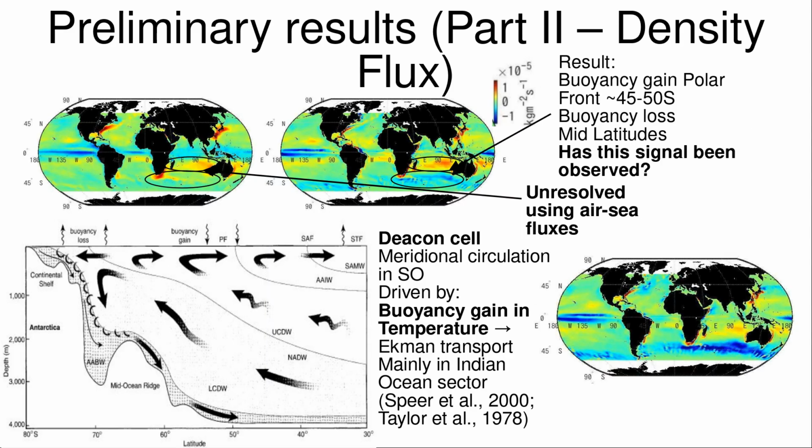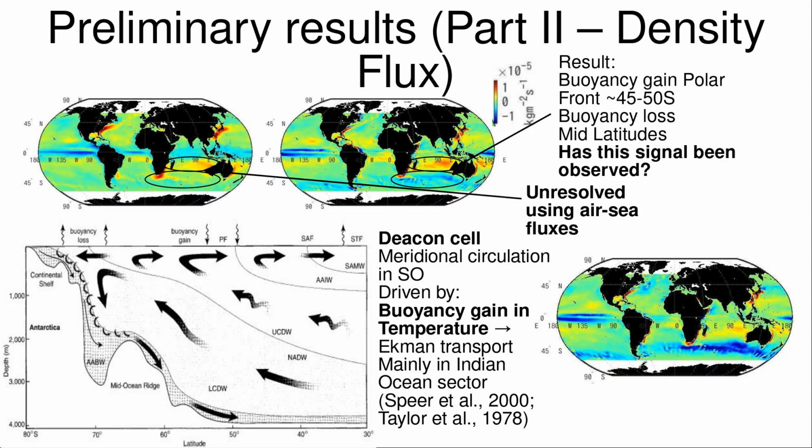And indeed, literature has cited that the meridional circulation within the Southern Ocean can be summarized in terms of a cell, where high winds create a northward Ekman transport at the area of the polar front.